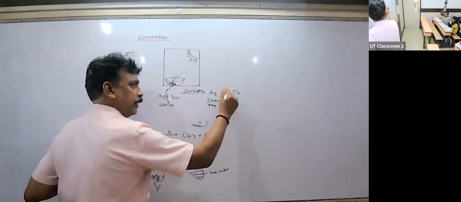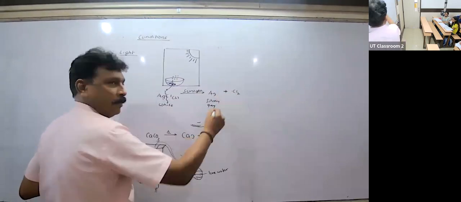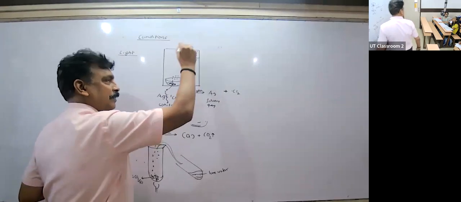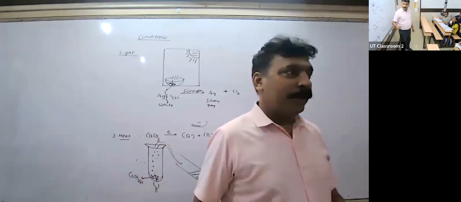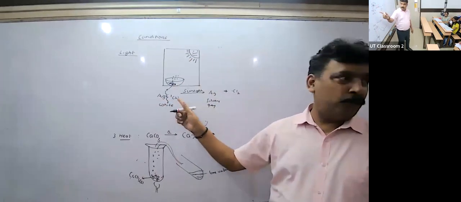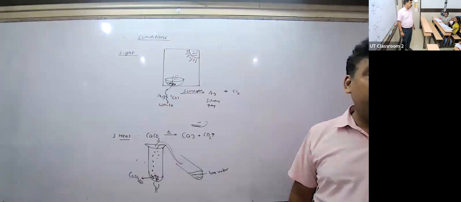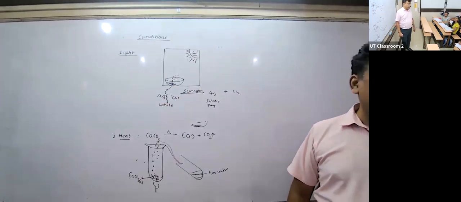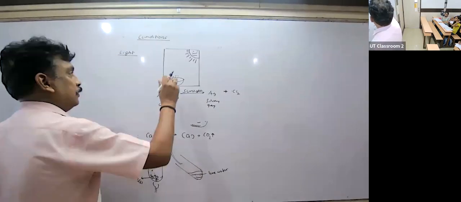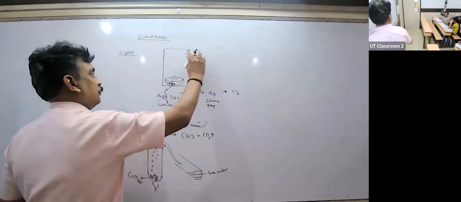Again, when sunlight becomes happy, right? Sun becomes happy. Why? Because in the presence of sunlight, ये अपना bond break. That means it has brought about a chemical reaction. This is one thing you remember. Clear? Yes. This is light.